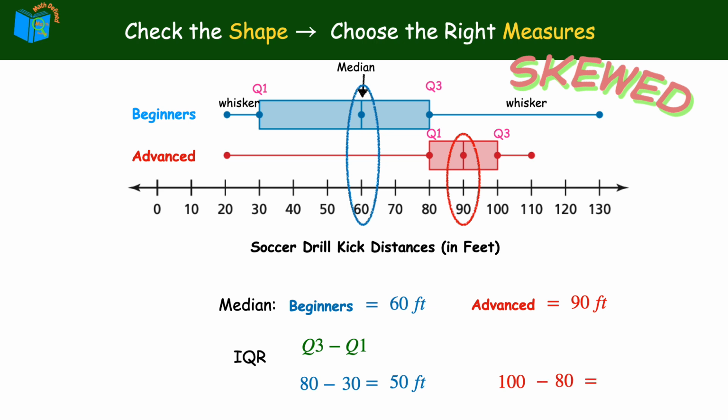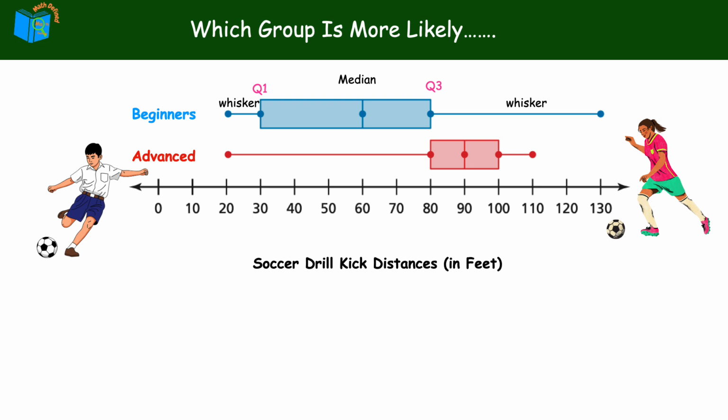So their IQR is 20 feet. Since 50 is greater than 20, the beginner's kick distances are more spread out. That tells us beginner kicks vary more, while the advanced players' kicks are more tightly grouped, which means they're more consistent.